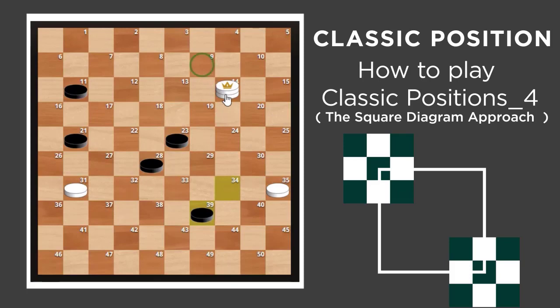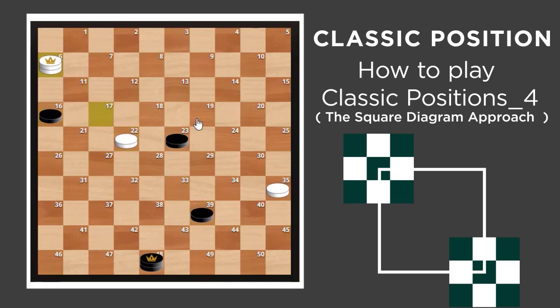So again, if you draw the square diagram to the position of white king, you see that the 34 here is surrounded by 29, 30, 40, and then 39. So black can move to 39, and then white will respond by playing 14 to 3, moving the king to square 3. And like this one, this game also ends in a draw.